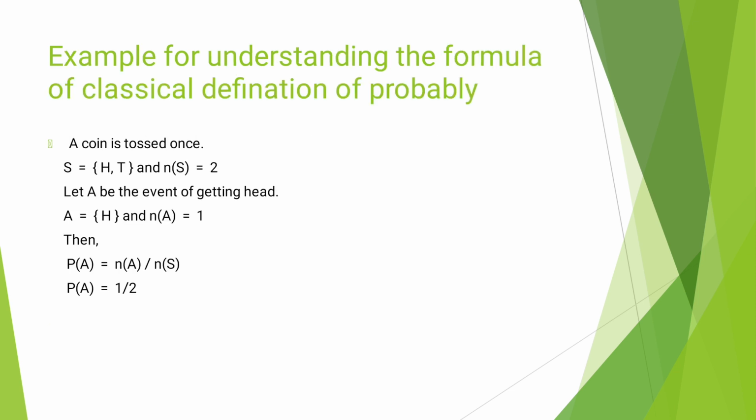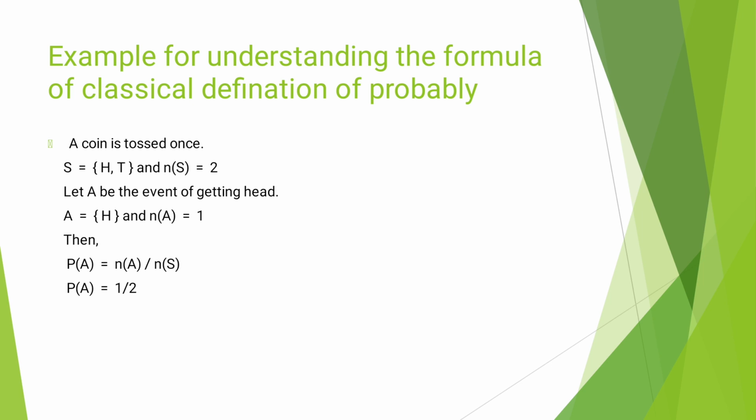Example for understanding the formula of the classical definition of probability. A coin is tossed once, S equals head and tail, and n(S) is equal to 2. Let A be the event of getting a head, A equals head, and n(A) equals 1.